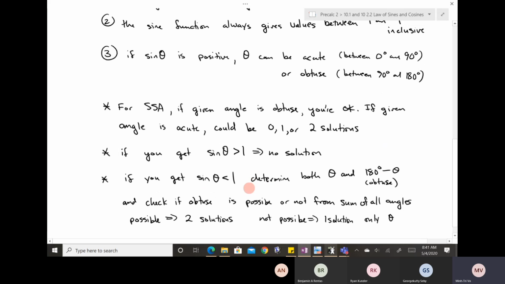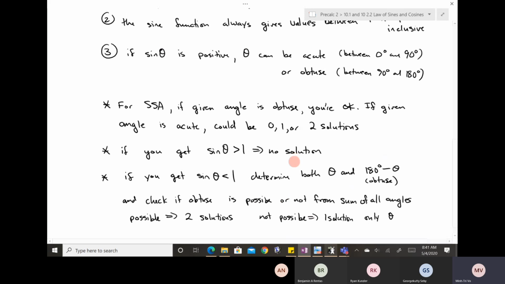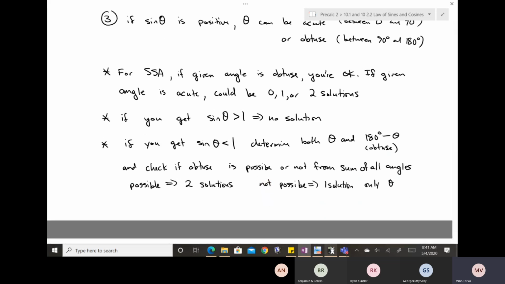You can check it from the fact that all angles in a triangle should add up to 180 degrees. If that doesn't happen, then only theta is a solution, so that's one solution. But if the obtuse angle is possible, then both are solutions, either the acute or the obtuse.